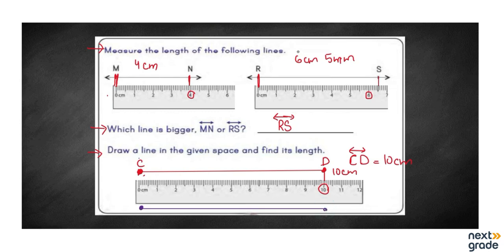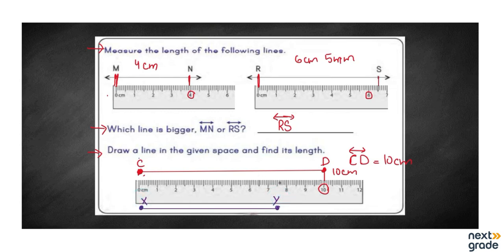Okay, 10 तक हमने फिर से draw कर दिया. Let's make it a little shorter. Okay, so this is the line that I have drawn, and let's name this line segment. We're gonna call this X and Y.